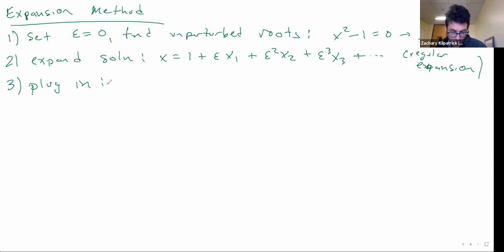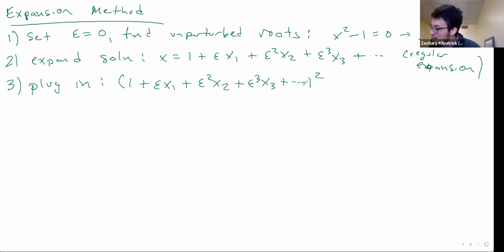Now you take this expansion and you plug it into your full equation, and that's going to look like this. This is going to be a bit lengthy. So here's your quadratic term. Here's your linear term.